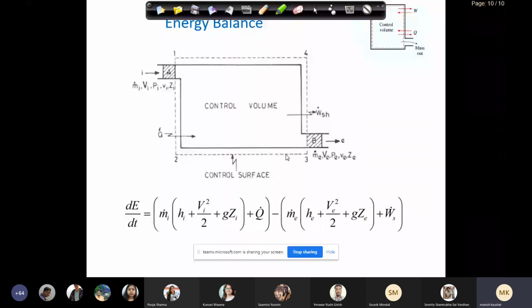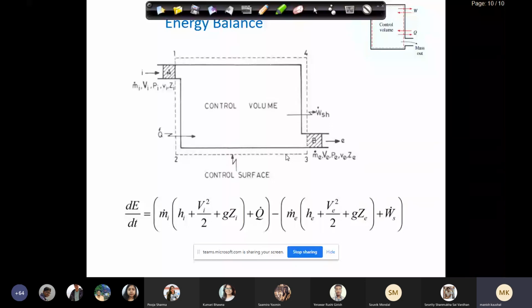What will happen to the turbine or fan if you keep it in the path of flow? It will rotate. So it means your fluid is working on something, right? In that case shaft work is positive. If your system is working on something rotating, then shaft work is positive.